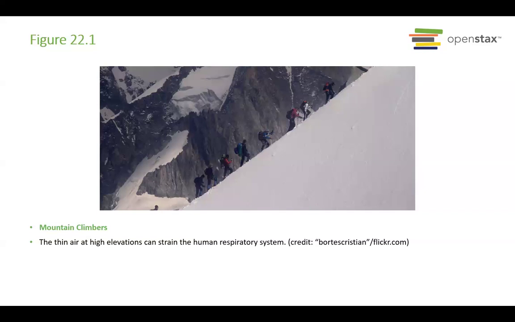It has low partial pressure of oxygen and high partial pressure of carbon dioxide. While the lung, when you take a deep breath, has high partial pressure of oxygen and low partial pressure of carbon dioxide.